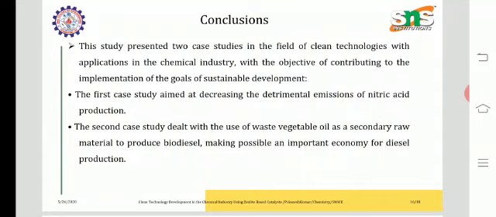So first we are trying to decrease the NOx, in any form, NO or N2O or NO2, because it contributes to acid rain, creates some breathing difficulties and has effects on materials, and so on.